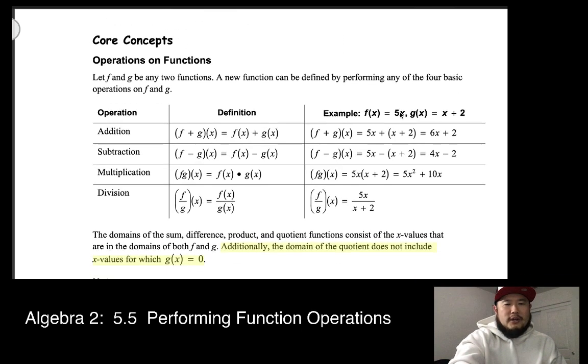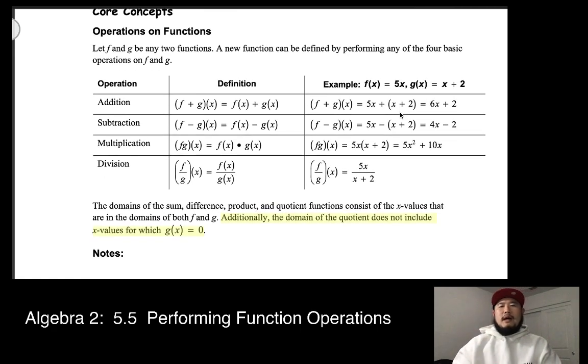The way things are written in your problems, you'll see right here, are under the operations of functions. For addition, you'll see in parentheses f plus g of x. When they say f plus g, you're going to take the expression for f of x, in this example 5x, and add g of x to it, which is x plus 2.